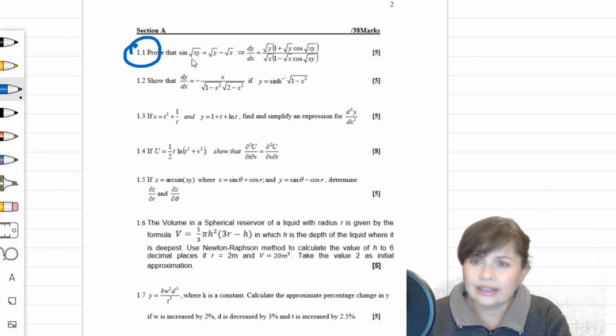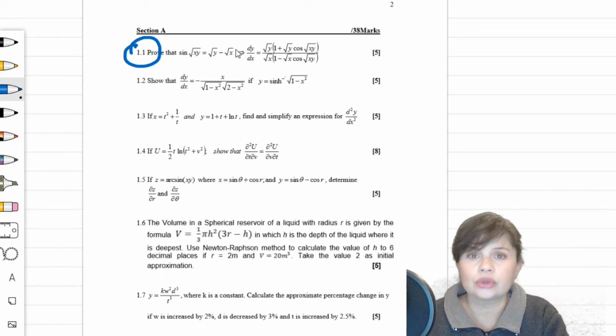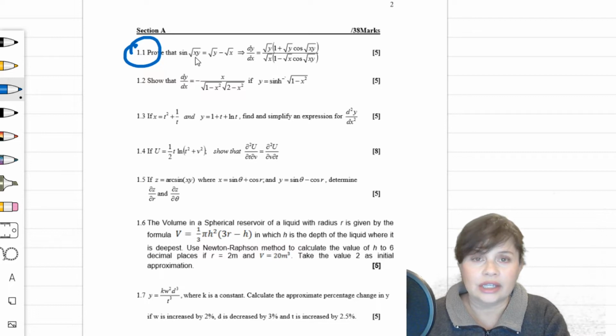Another thing you'll notice is that you've got square roots all over the place, and usually that implies you're going to have to use exponential rules at some point.